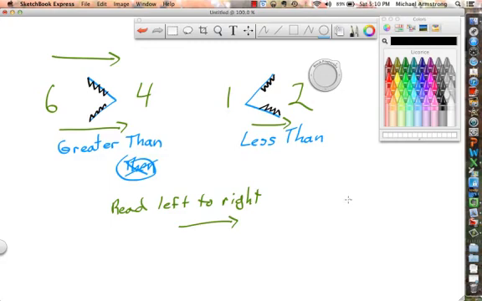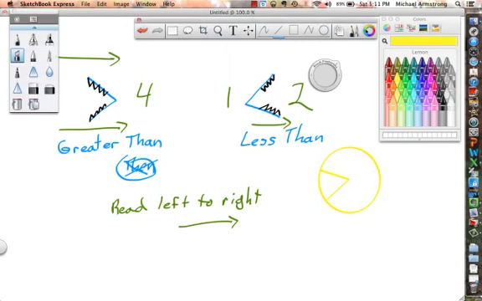Another way would be to think of it as a big Pac-Man, and like that, and kind of erase this little bit. Oh, gotta go like this. Okay, now it's like a Pac-Man, and the Pac-Man is always going to eat the bigger number.